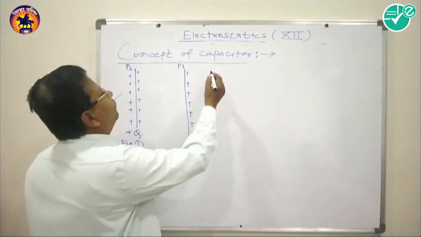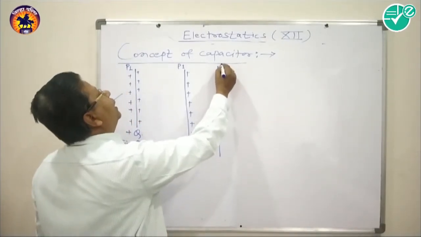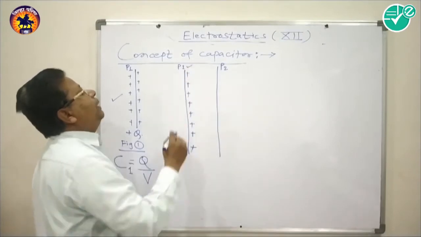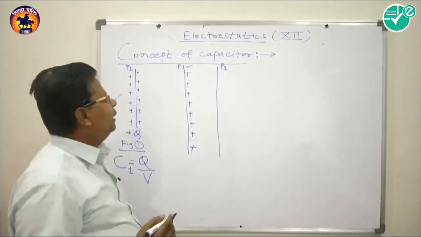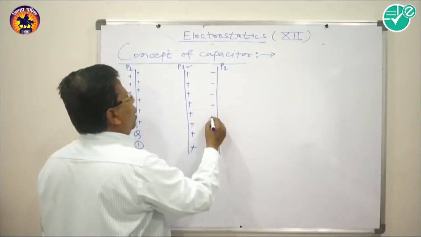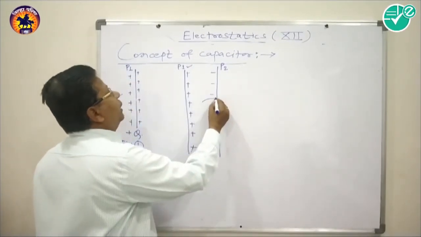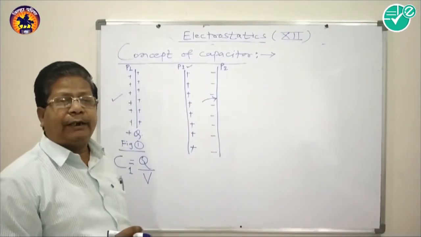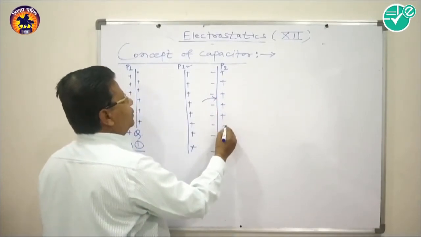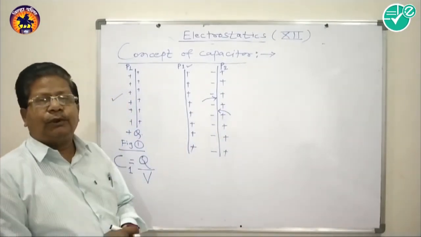Now, if another metal plate, which is also an insulated metal plate, P2, is brought near this plate P1, then due to induction, equal amounts of negative charges are induced on the inner side of plate P2, and equal amounts of positive charges are induced on the outer side of P2.